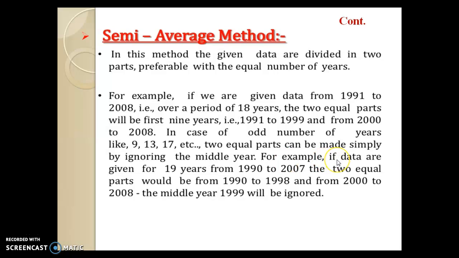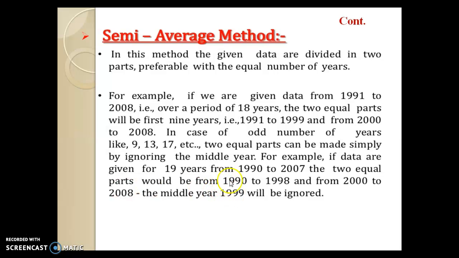For example, if data are given for 19 years from 1990 to 2008, the two equal parts would be from 1990 to 1998, and from 2000 to 2008.